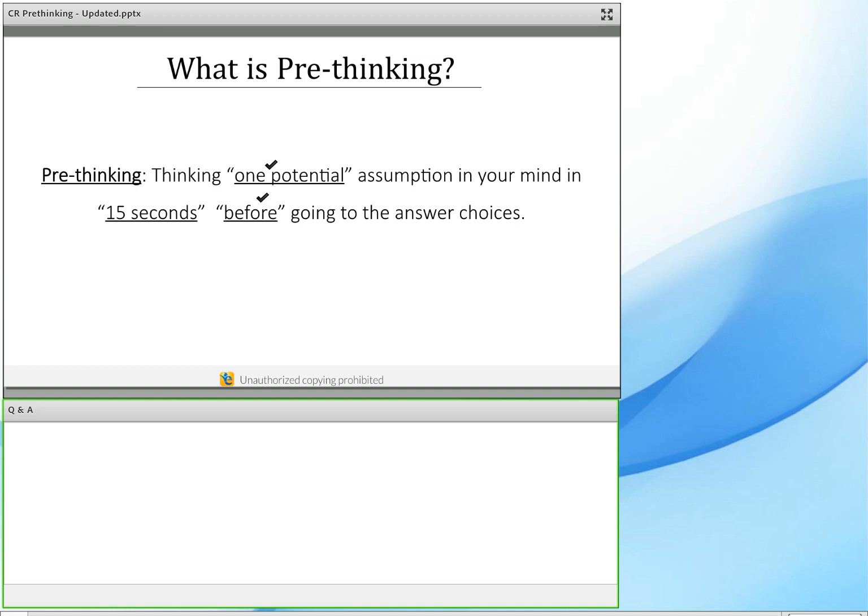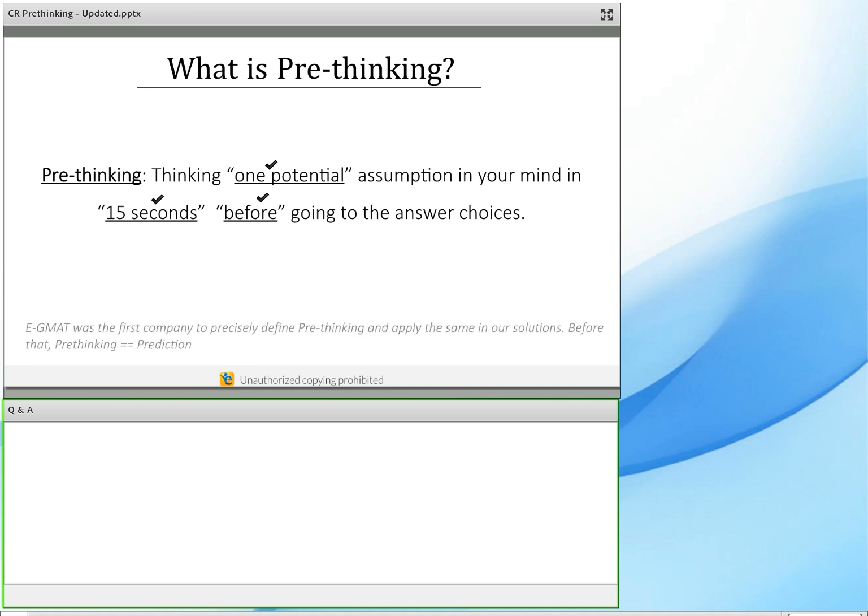An argument can have multiple good assumptions, and our goal is not to come up with all of them, but our goal with pre-thinking is simply to understand the logic that the author uses to arrive at his conclusion, and hence thinking of one potential assumption is good enough. And when you become a skilled pre-thinker, not right now, but when you do become a skilled pre-thinker, you would be able to do this in about 15 seconds.